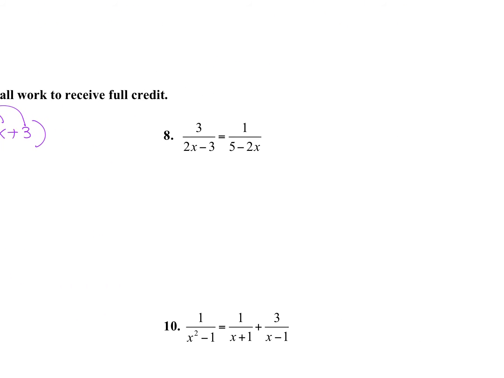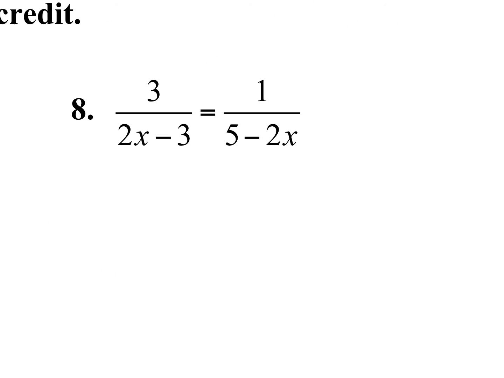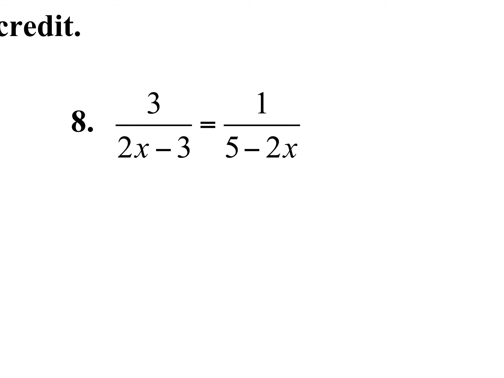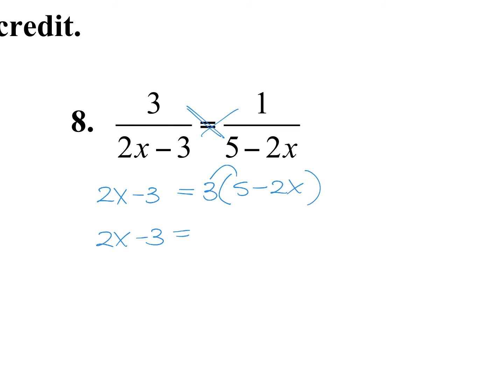Okay, number 8. What do you do here? A fraction equal to a fraction, cross multiply, okay? So this is going to be 2x minus 3 times 1, you don't need to write, equals 3 times 5 minus 2x, okay? So it's 2x minus 3 equals 15 minus 6x.